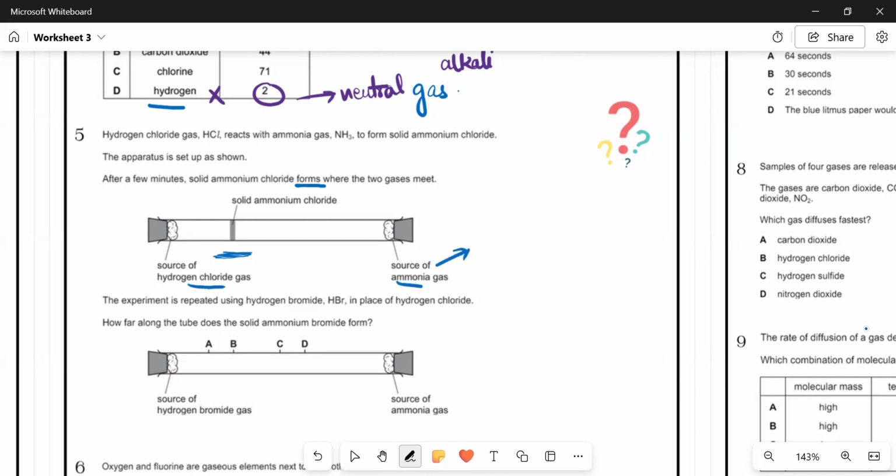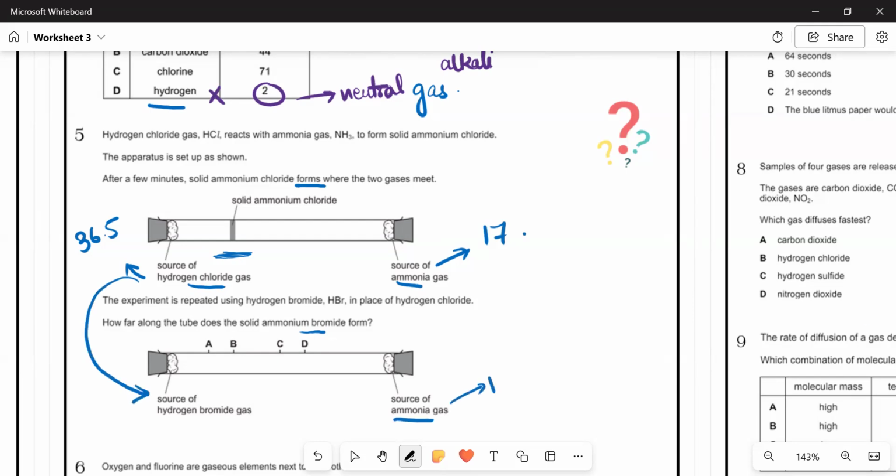We saw before that ammonia's mass is 17 and hydrogen chloride's mass is 36.5. Now, the experiment is repeated using hydrogen bromide, HBr, in place of hydrogen chloride. How far along the tube does the solid ammonium bromide form? Instead of hydrogen chloride, now we are using hydrogen bromide gas.